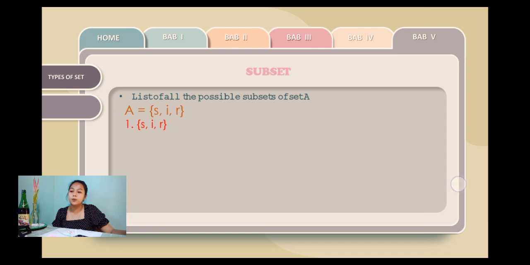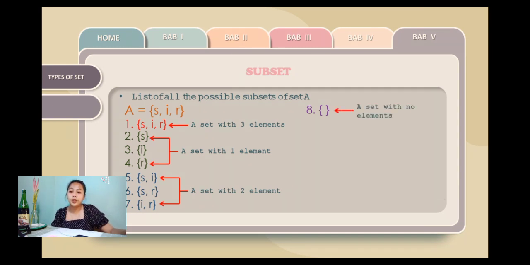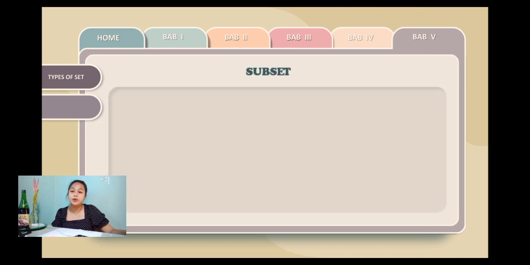This is the list of possible subsets of set A. The first one is a set with 3 elements, while 2, 3, and 4 are sets with 1 element. 5, 6, 7 are sets with 2 elements, and number 8 is a set with no elements.